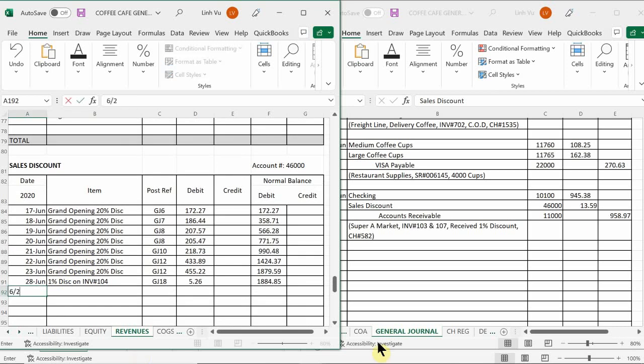So again, 6/29, we gave a 1% discount on invoice numbers 103 and 107. This again is journal 21 for the total of $13.59.